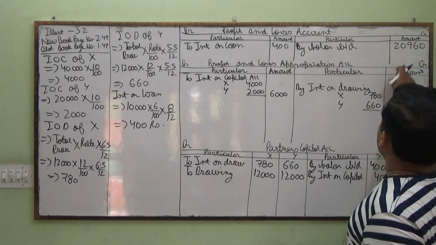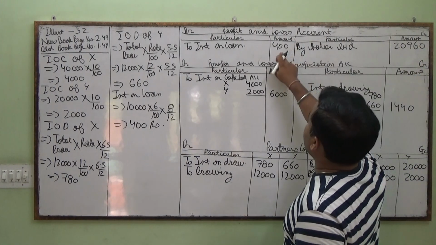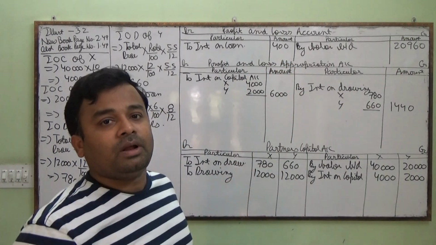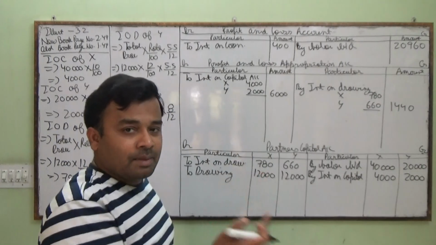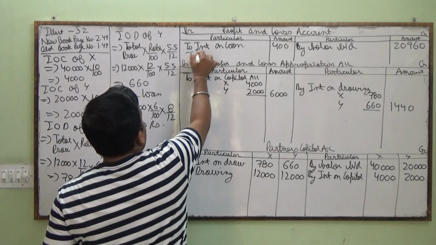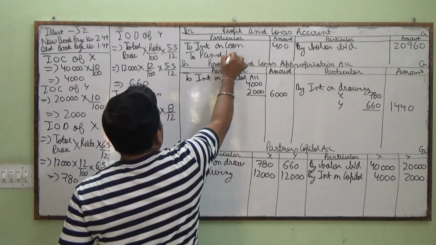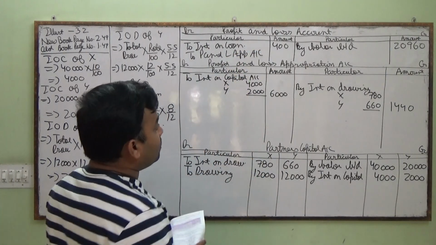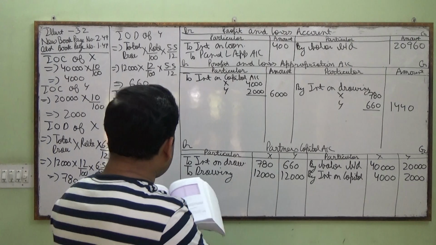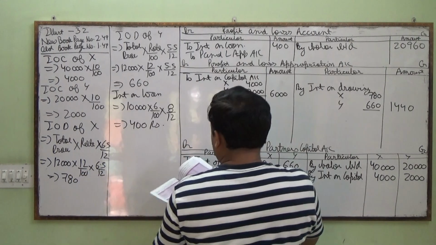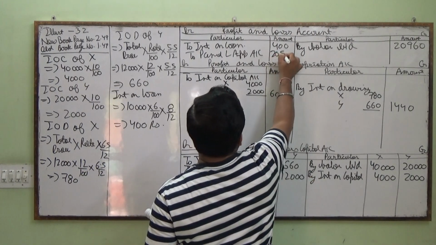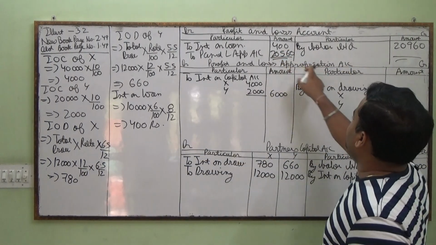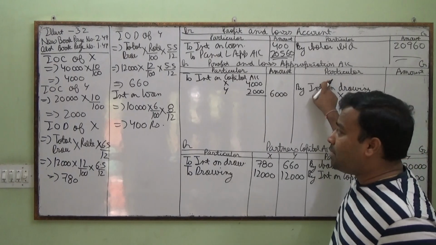Now out of this 20,960, first we charge interest on loan of 400, then the balance profit will be transferred to profit and loss appropriation account. Net profit is 20,960, we charge 400 rupees interest, so balance profit is 20,560.